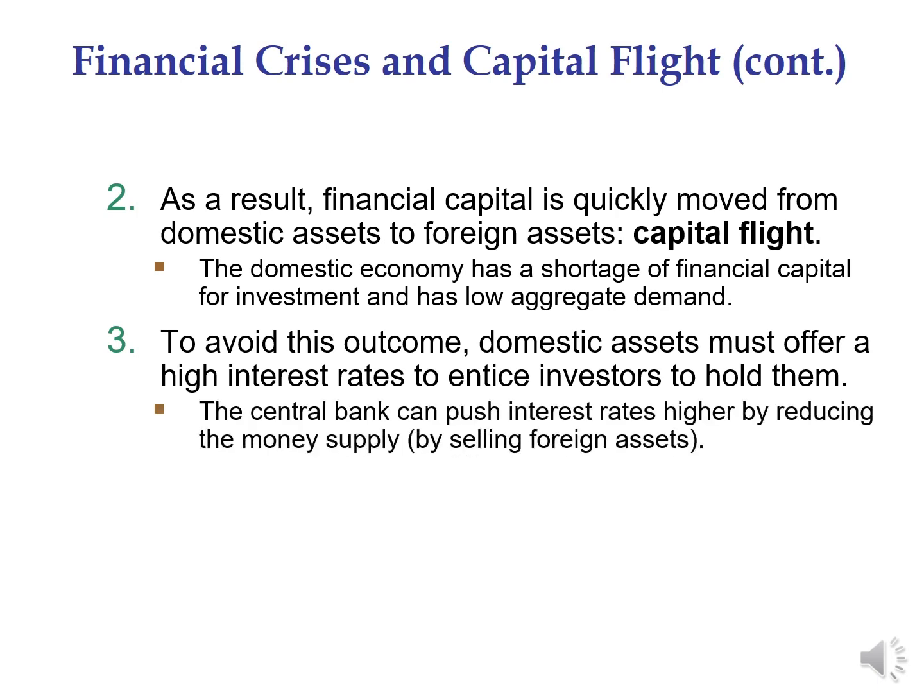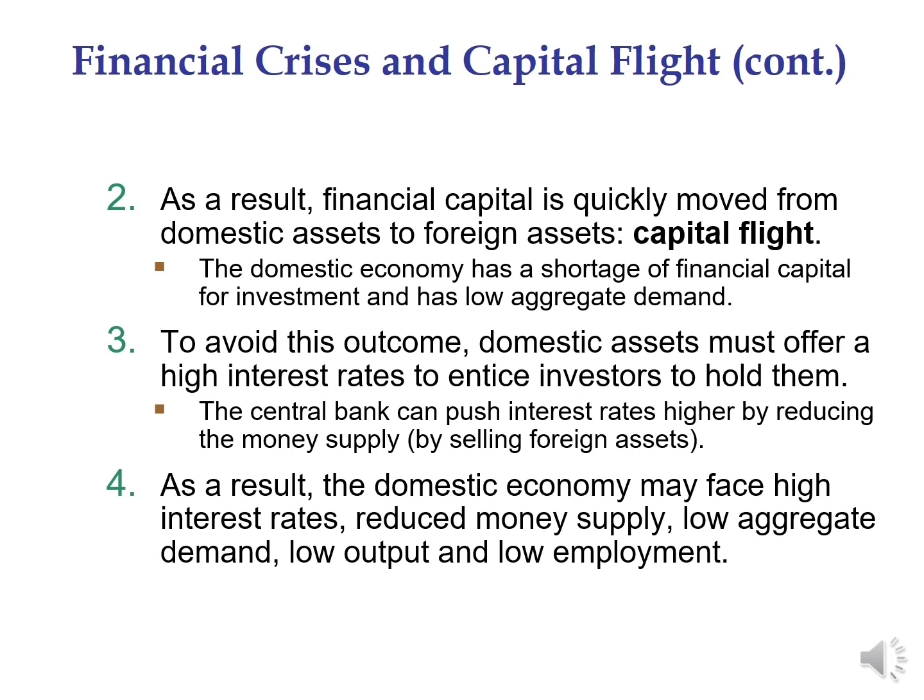The central bank can push the interest rate higher by reducing the money supply by selling foreign assets. And number four, as a result, the domestic economy may face a high interest rate, reduced money supply, low aggregate demand, low output, and low employment.